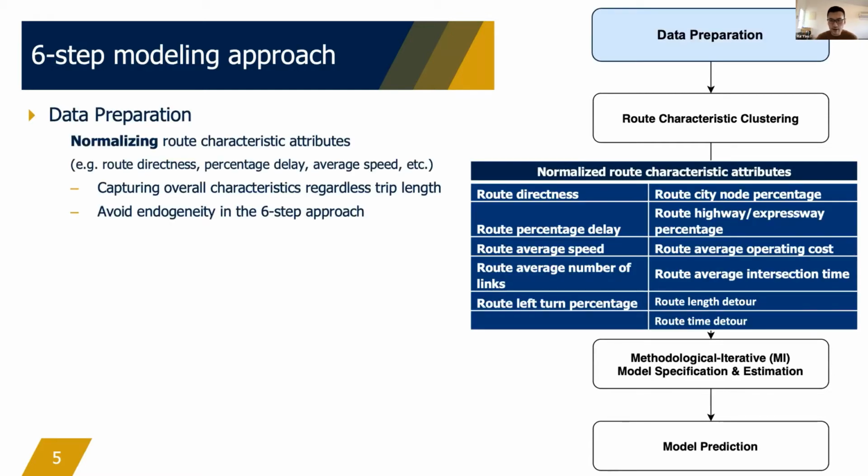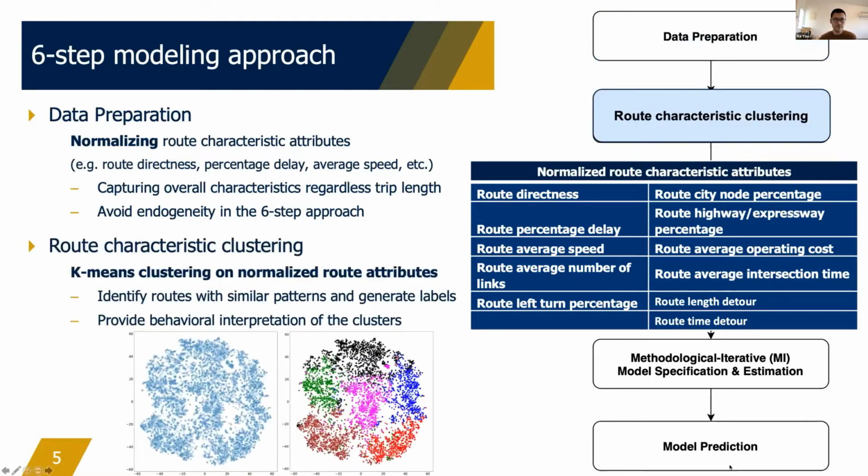The data preparation step extracts route attributes from observations and converts them to non-volatile route characteristic attributes. For example, we can see here route directness, percentage of delay, and you can see a list of these normalized route characteristic attributes. These attributes are expected to capture the overall characteristic regardless of the trip, and serve as input to the clustering step.